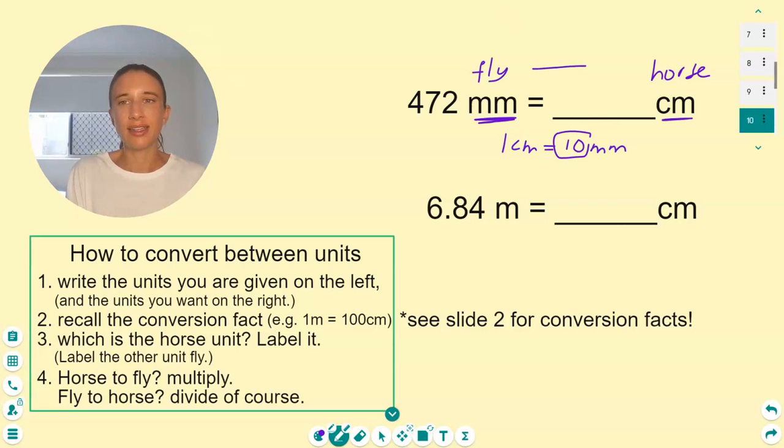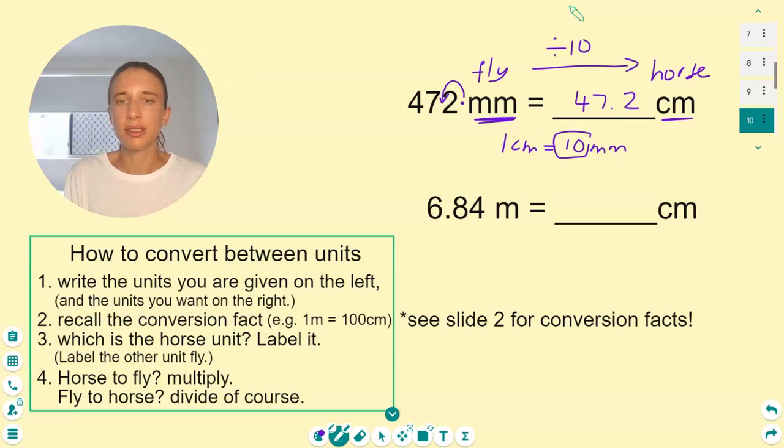This is the fly. Do your arrow across. Fly to horse. Divide, of course. Divide by 10. Invisible decimal point. We're making the number smaller. 47.2.